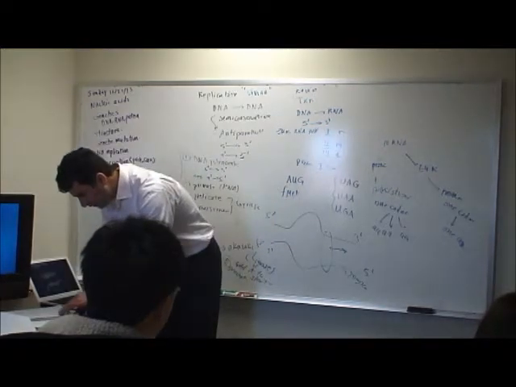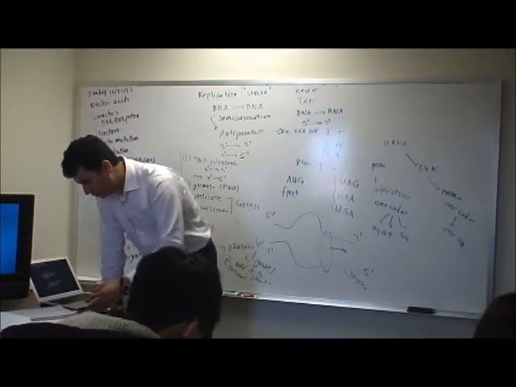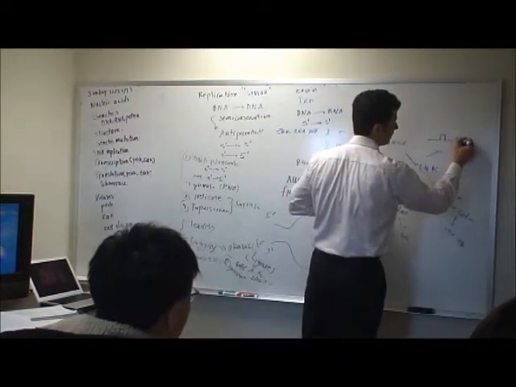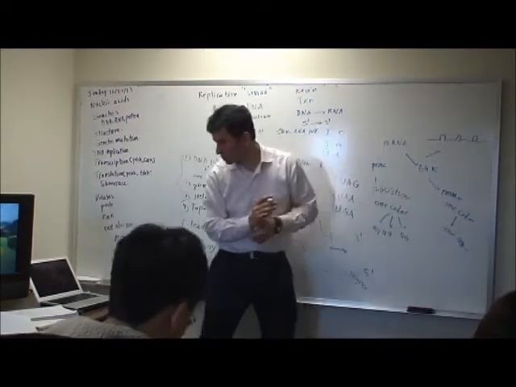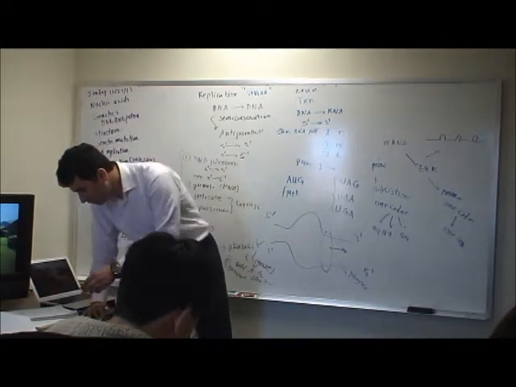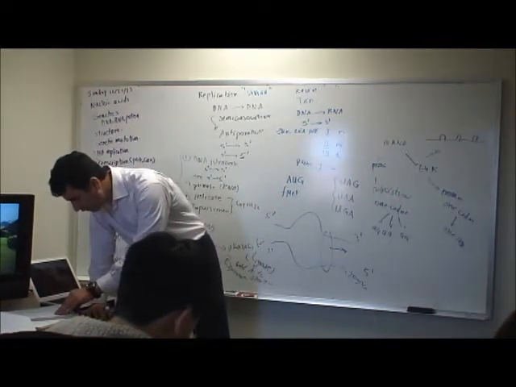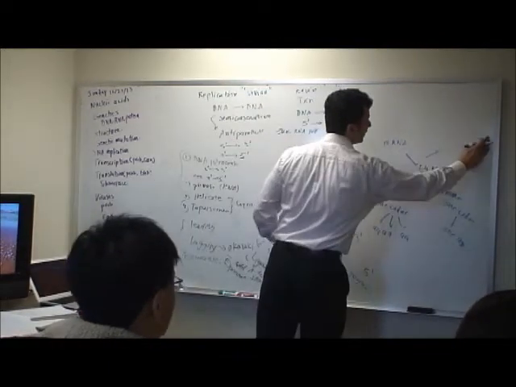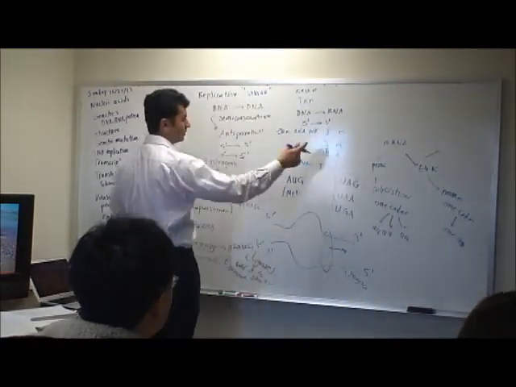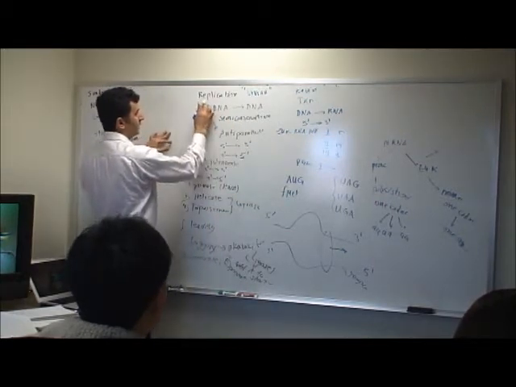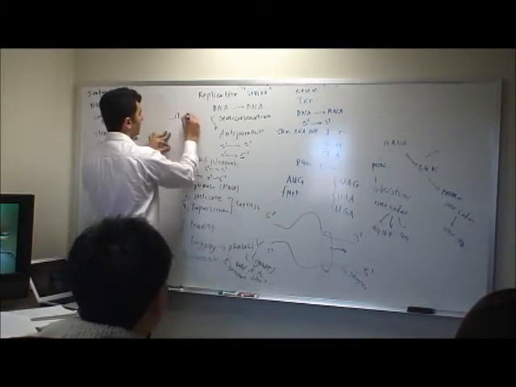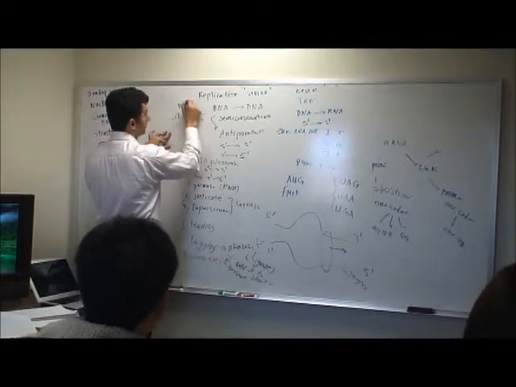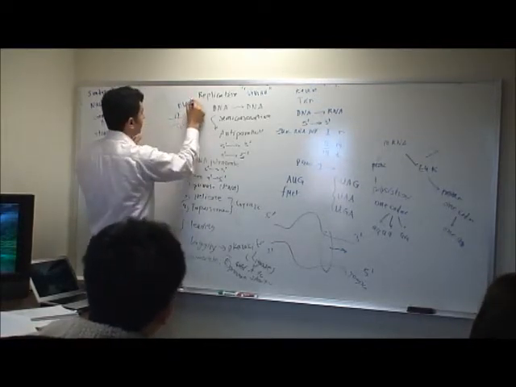Was there anything else? In eukaryotes we have multiple origins of replication, right? No, that's DNA. Don't mix it up. All right, so in replication, you have multiple origins of replication in eukaryotes.